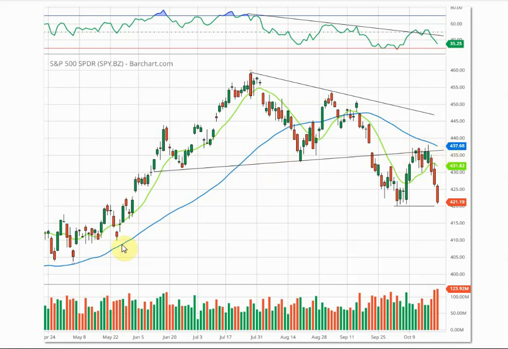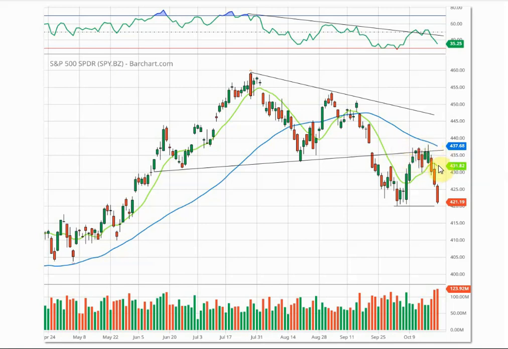And that is confirmed by both moving averages, the blue, which is the 50-day, and the green here, in this case, the 10-day, okay? So the stock market, S&P 500, is really having some problems here. Obviously, the major one is because interest rates are rising, okay?